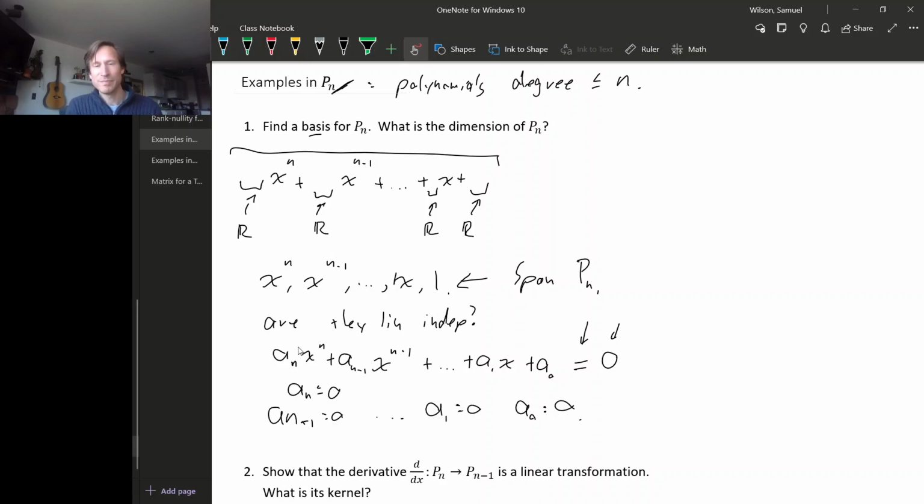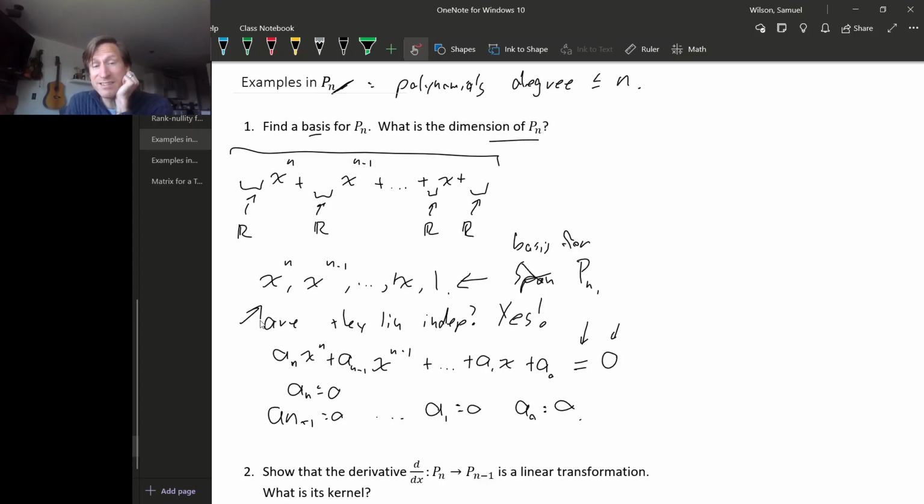So the only linear dependence relationship here is the trivial one, and so these polynomials are linearly independent. So this is a basis. They don't just span P, they're a basis for P sub n.